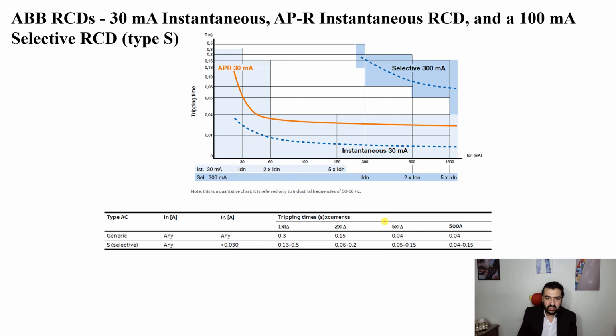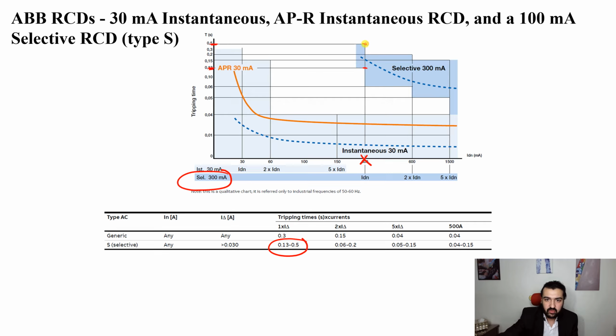Similarly, for the selective, you can see here at 300 milliamperes it starts from 0.13 to 0.5, this range here.